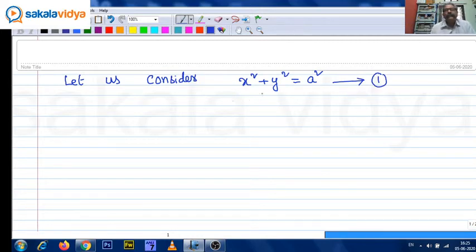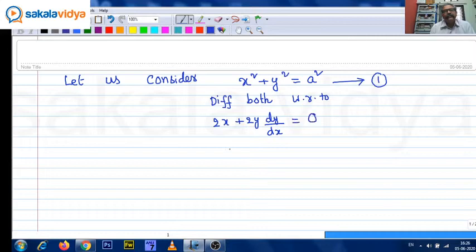So now differentiate both sides with respect to x. So now what do you get? 2x plus 2y dy by dx. A square differentiation is constant, 0. So divide both sides by 2.